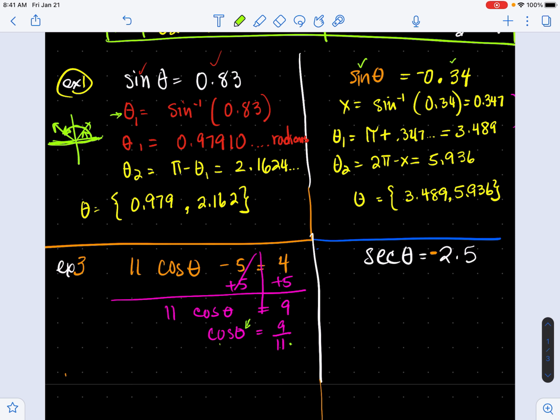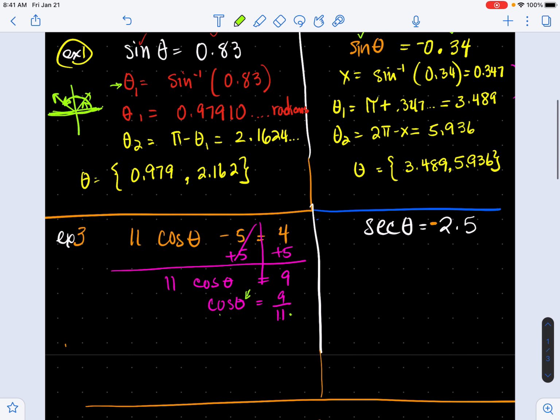All right, cosine theta is 9/11. So theta 1 would be cosine inverse of 9/11. And you can just simply plug that in there. Let the calculator take care of the decimals. And we get 0.6125-ish.